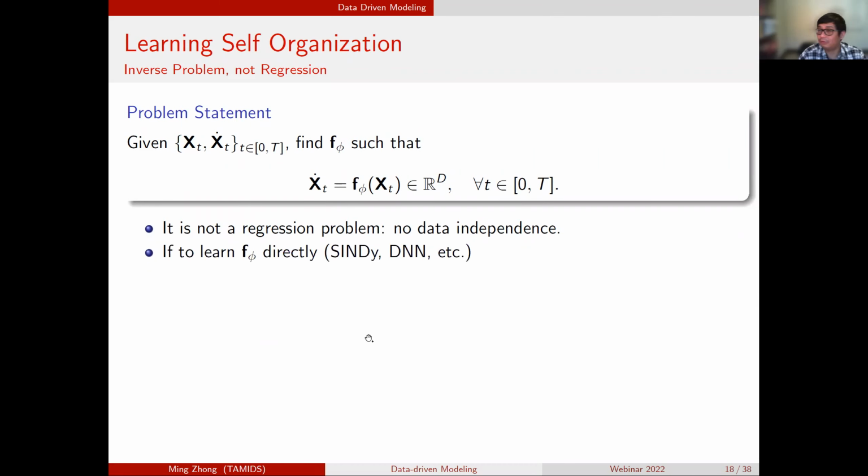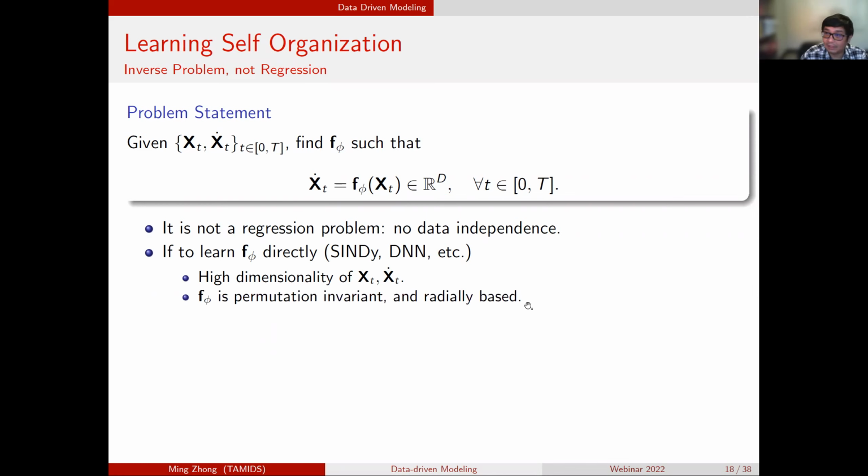Even if I wanted to learn the right-hand side directly, I would still run into trouble because the dimension of my observation data is so large. Even if I assume a certain kind of sparsity on this right-hand side, I would still run into problems, because the right-hand side has a special structure.